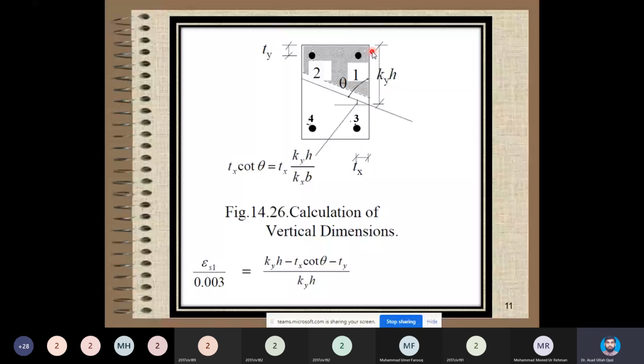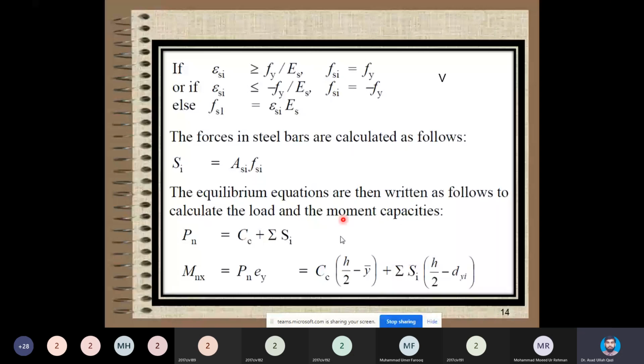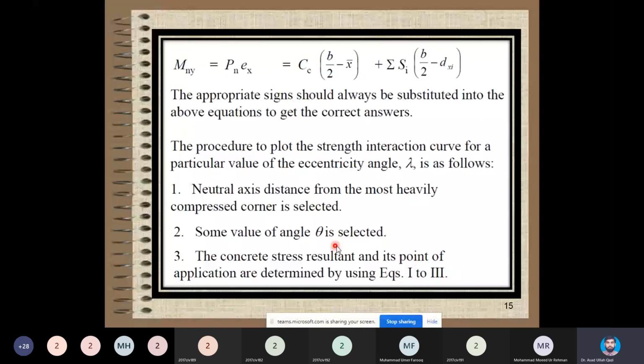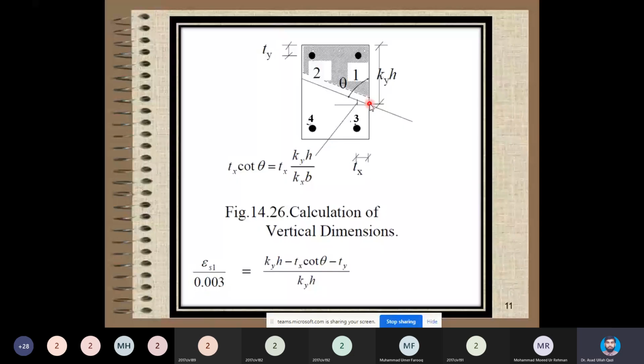First you need to select this. Some value of theta is also selected, so not only the depth but also the orientation, the counterclockwise angle from the vertical axis. So one particular c and one particular theta you will select.